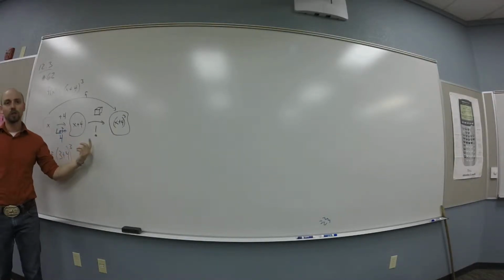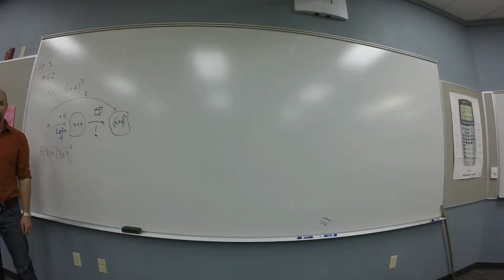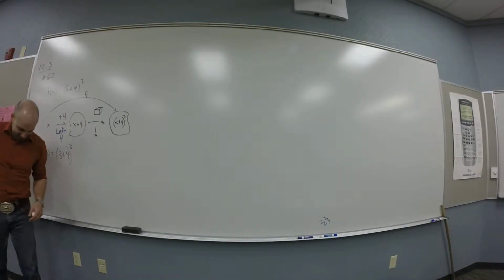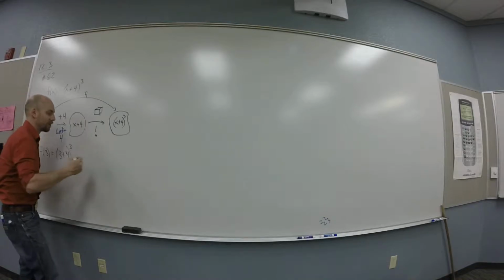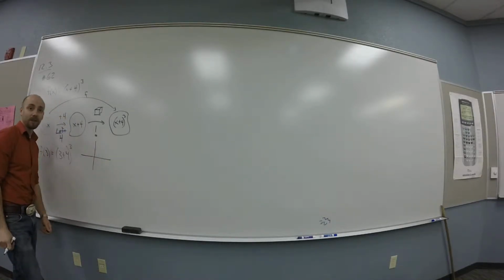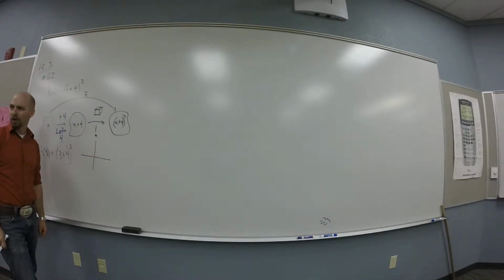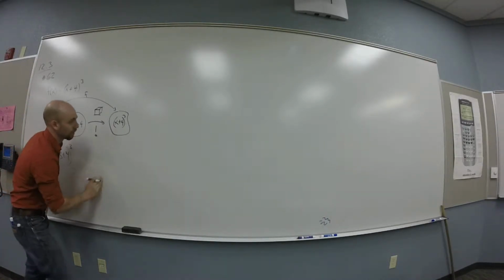We should know what the cube shape looks like. Do I know what the cube shape looks like off the top of my head? Maybe, maybe not. So you might remember this, or you might have to come up with a table for it. You guys want to come up with this in a table quick? Would be better. Okay, let's start.